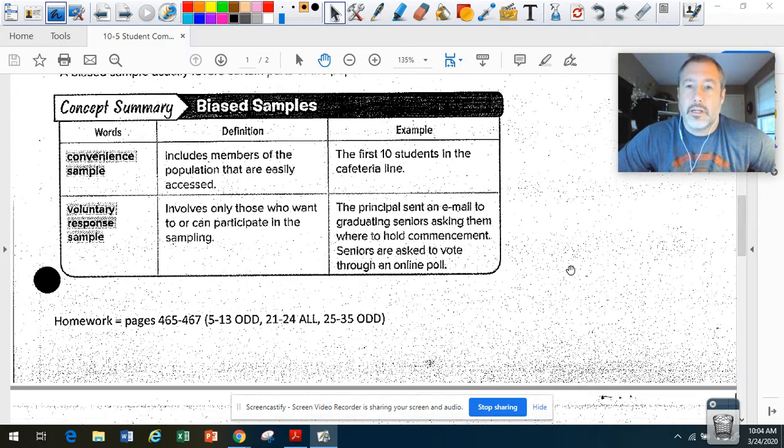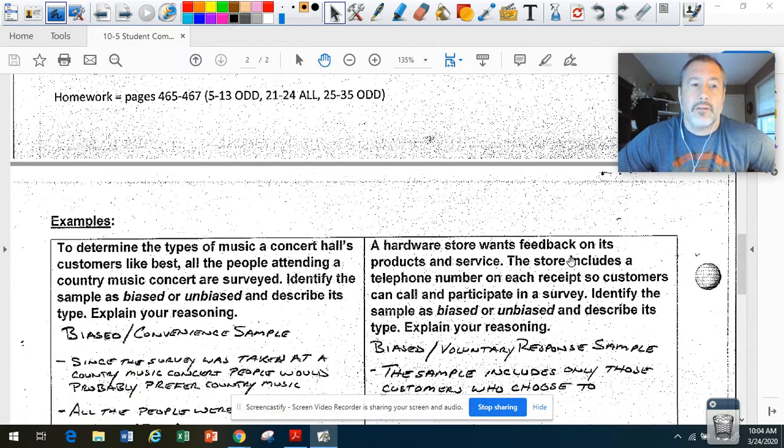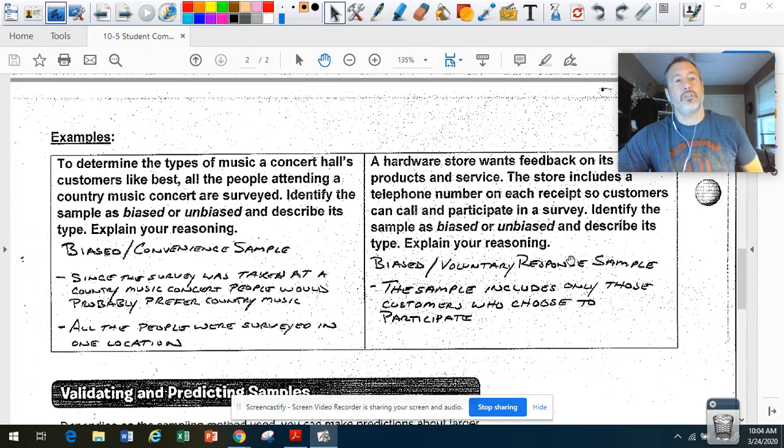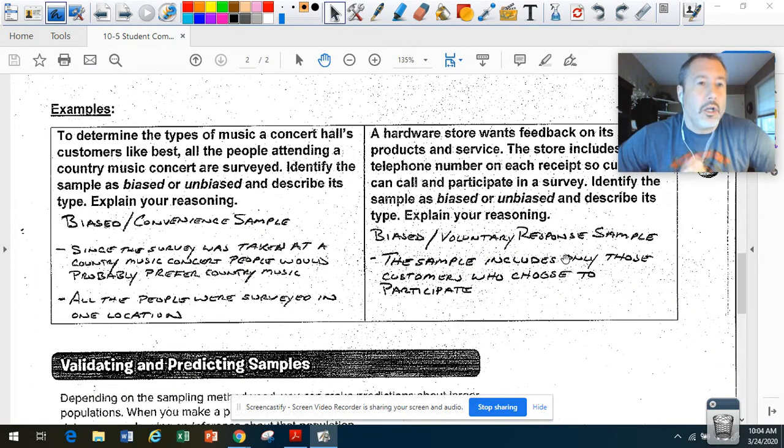So let's take a look at some of the examples that we have here. Our first example states here, to determine the type of music a concert hall's customers like best, all the people attending a country music concert are surveyed. Identify the sample as biased or unbiased and describe the type.